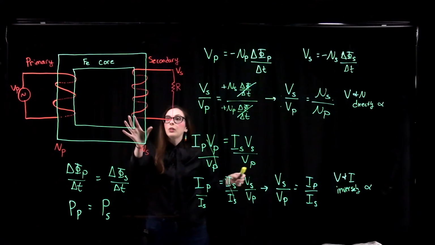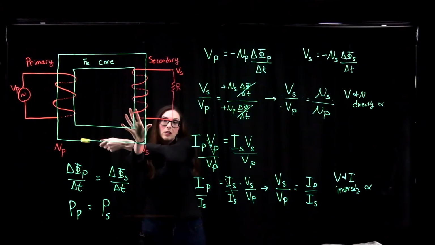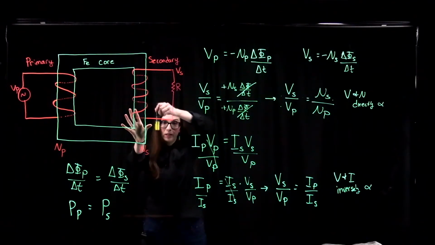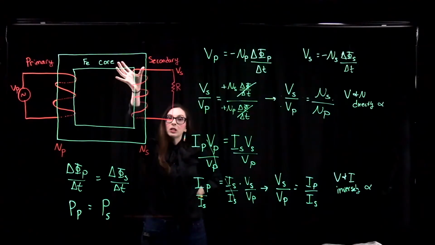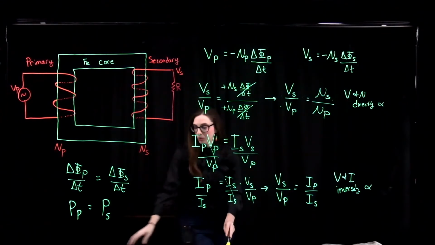That means that if the voltage of my secondary coil goes up compared to the voltage of my primary coil, then the current drops on this side compared to the current over there. So if my voltage gets bumped up over here, my current goes down, okay? And that's what this relationship shows us here.